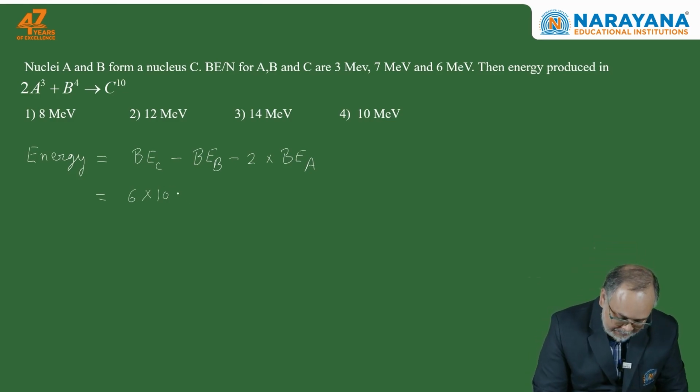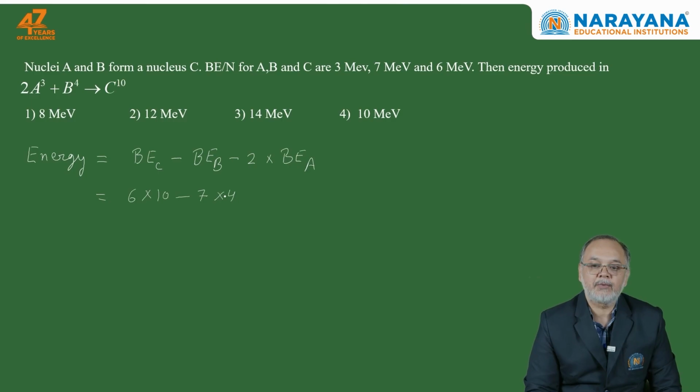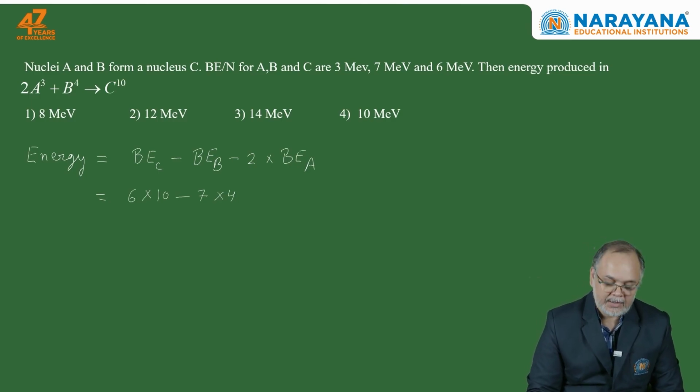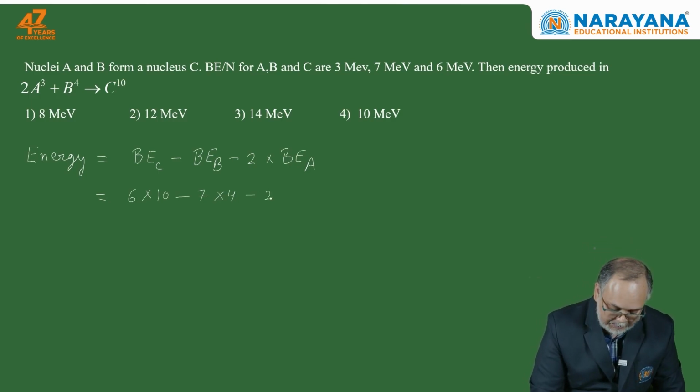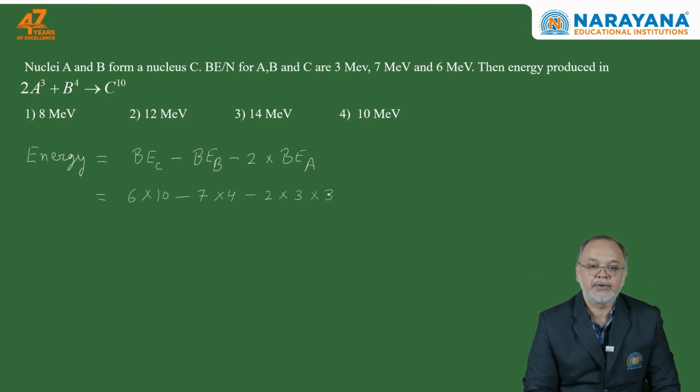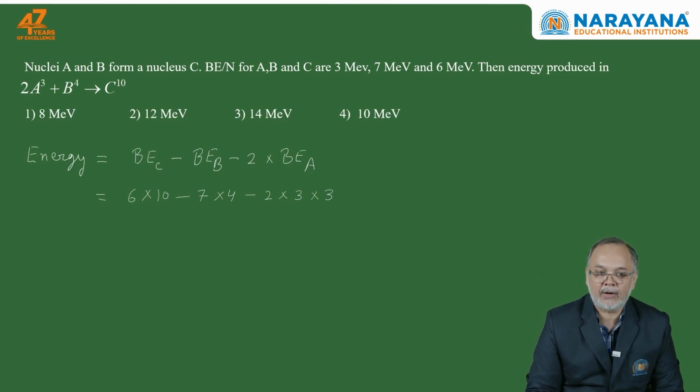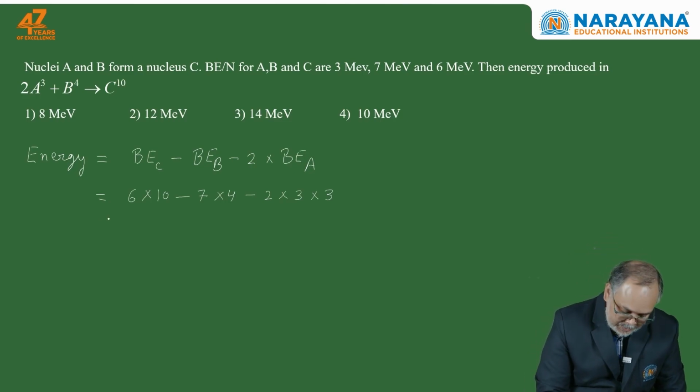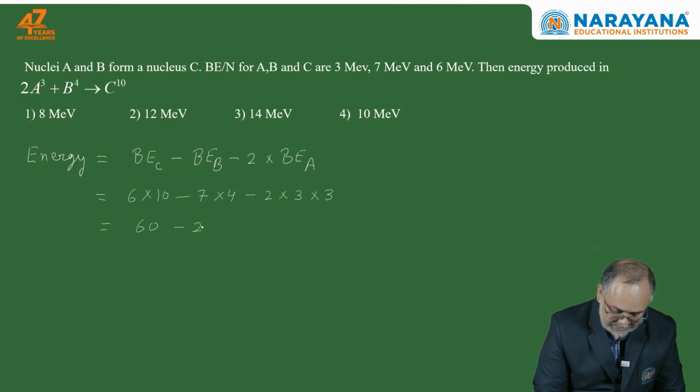Then binding energy of B, that is 7 into 4, 4 number of nucleons in B. And binding energy of A, that is 3 into 3. Number of nucleons in nuclei A we have how many? That is 3. So if you solve this one, it is 60 minus 28 minus 18.